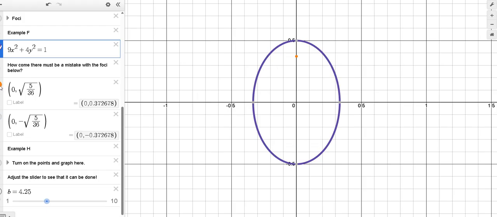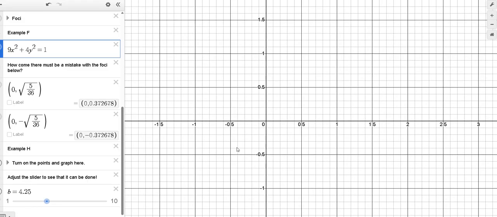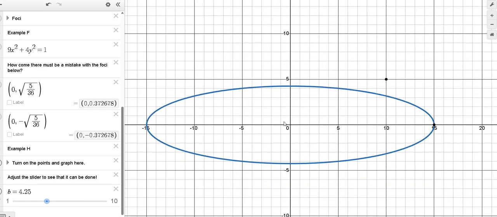Let's see. Okay. For example H, and I think the graph kind of covers up a little bit of it. Let's see.